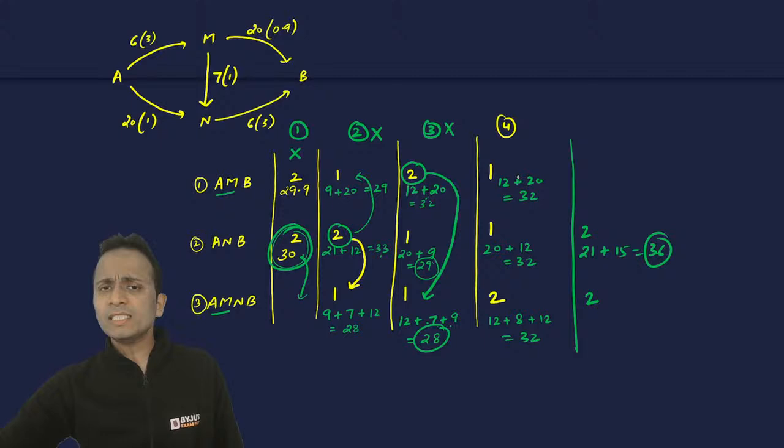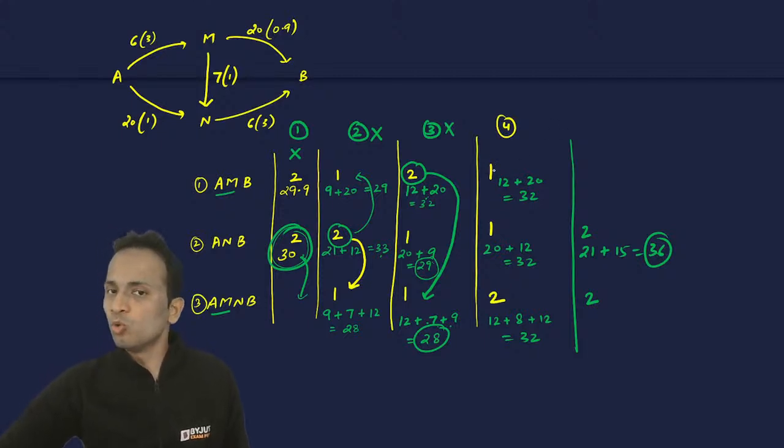Okay, so I can see that if in case number 4, one car which is traveling through route number 1 decides to go to route number 2, then it will take additional time. Okay, so for this car it is not feasible.